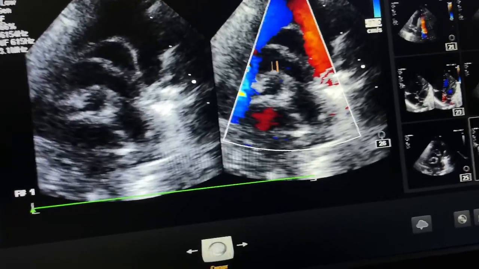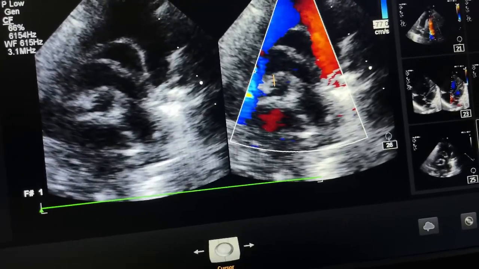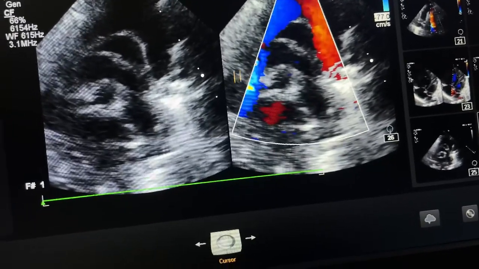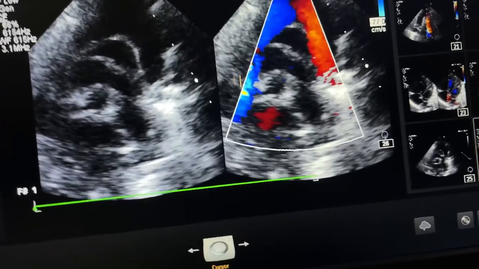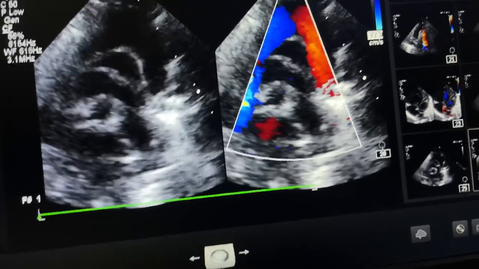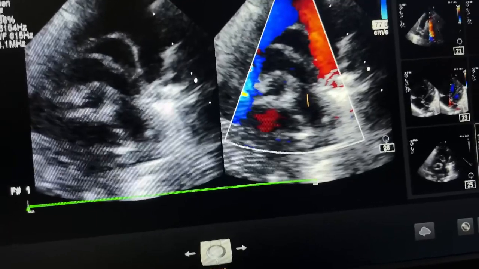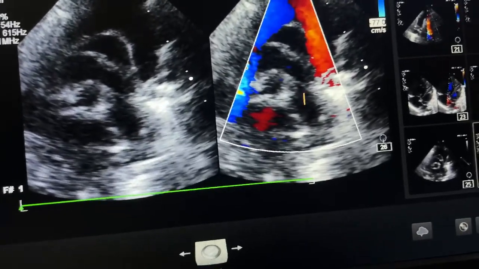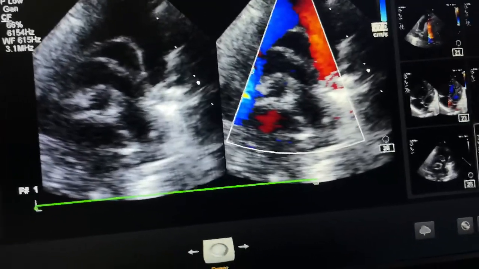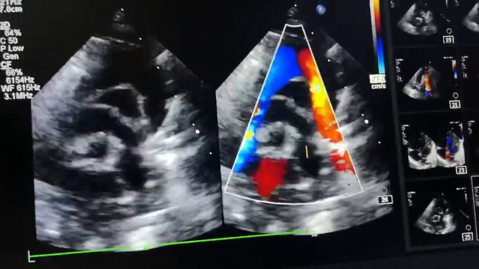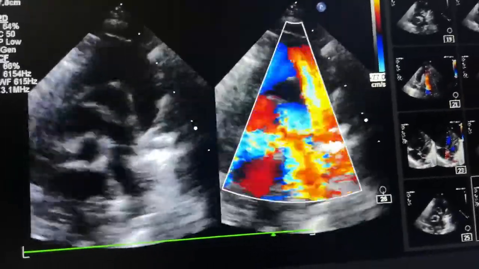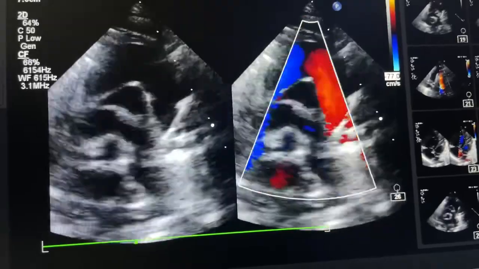But in case of a normal aortic arch, what do you expect? Here is blue, here is red, because the ascending aorta has red color and the descending aorta has blue color, because we are seeing the view from the suprasternal window, that is from superior. That is the point to understand in this case. And there is no flow obstruction, because there is no significant turbulence.